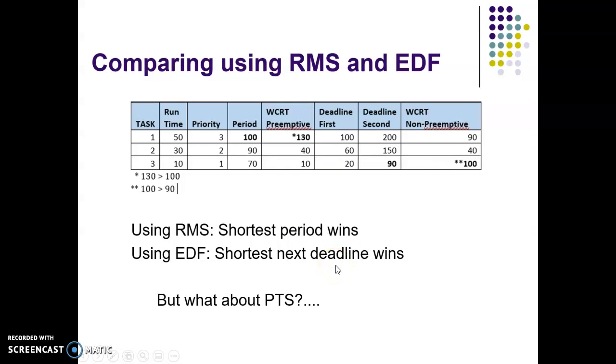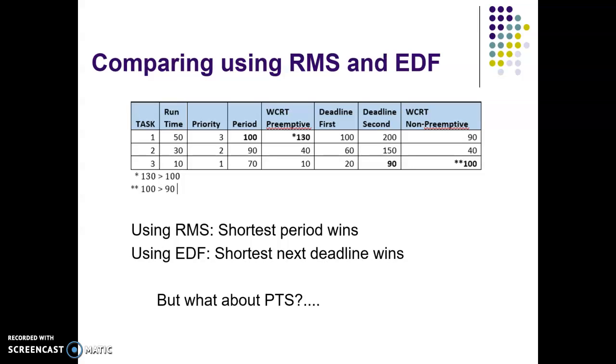Okay, comparing RMS and EDF, we can see here worst case response times with RMS preemptive. We have a worst case response time of 130. So again, we're late. It's not good.